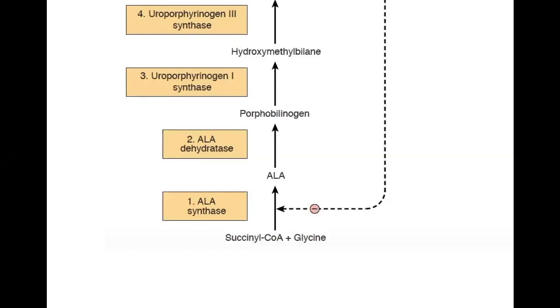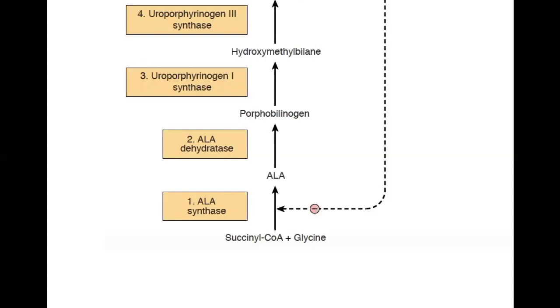And the rate-limiting enzyme is ALA synthase. Now, ALA will be converted to PBG. What is PBG? This is porphobilinogen. And the enzyme involved here is ALA dehydratase.